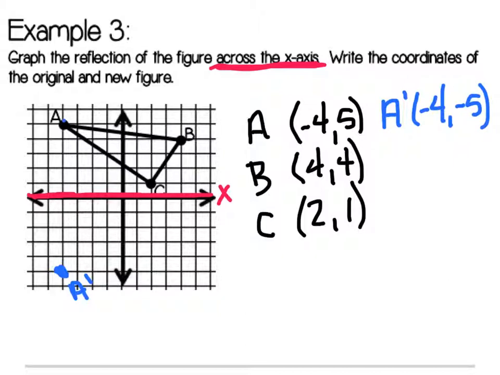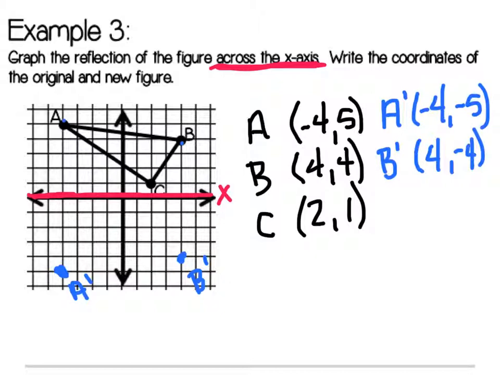Take a look at what has changed in those coordinates, and let's see if we see a pattern. Next, we're going to reflect point B. Point B is 4 spaces away from our line of symmetry. So point B will be 4 spaces away when we reflect it across. This is the image of B. The ordered pair for the image of B is +4, -4.